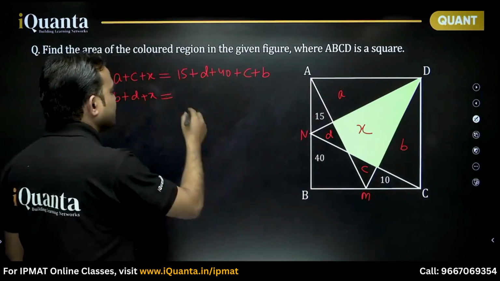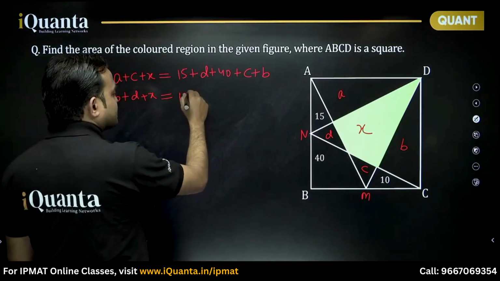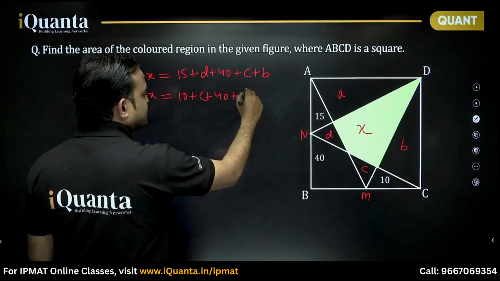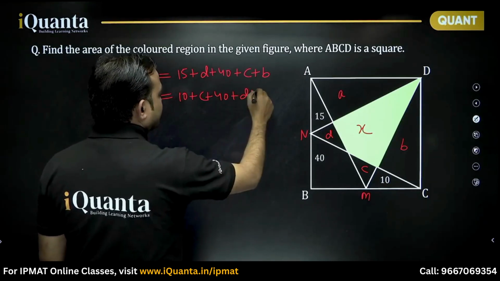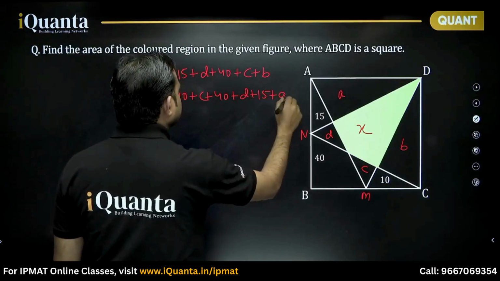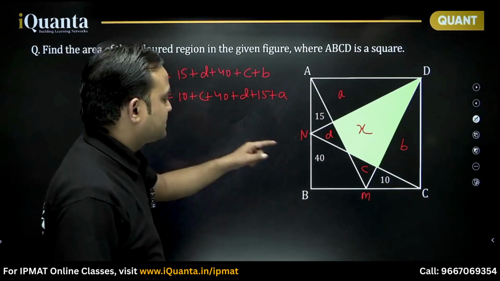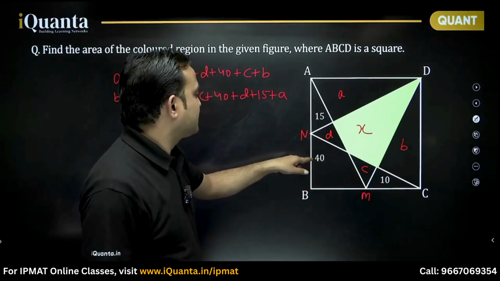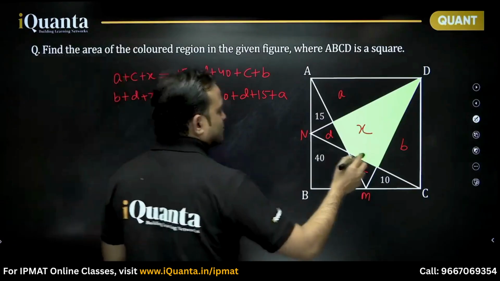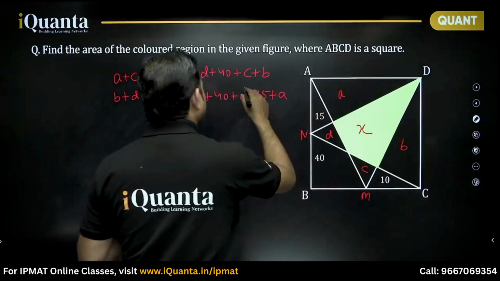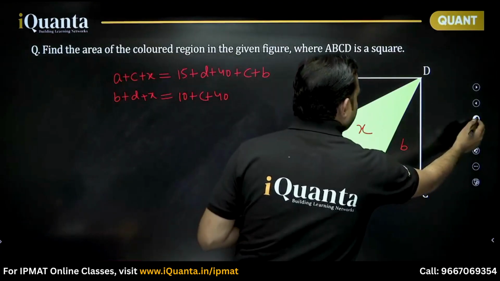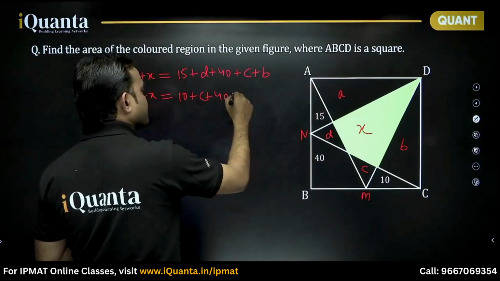So that will be 10 plus C plus 40 plus D plus 15 plus A, right? Not D, D is already part of the given triangle. So this will be 15 plus A.